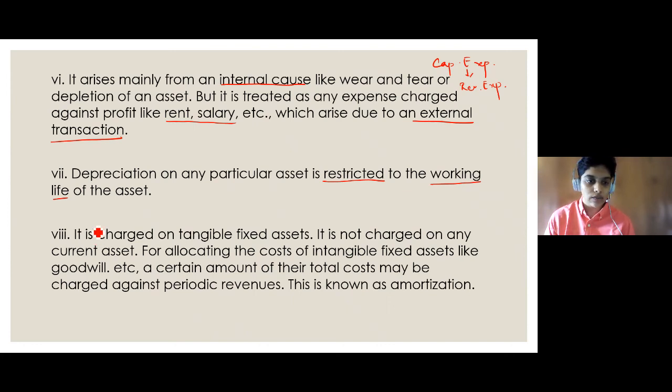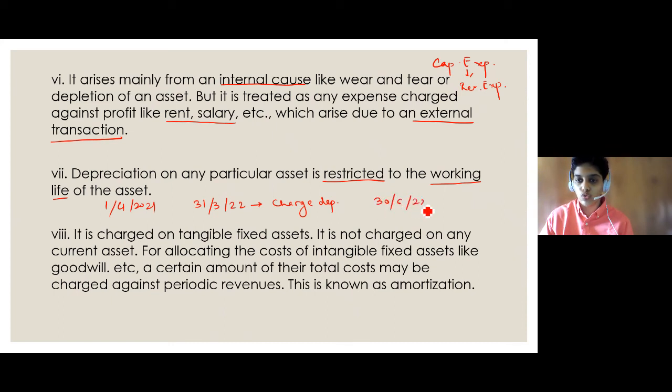So for example, let's say that I bought an asset on 1st April 2021. Now my year end is 31st March. So until 31st March 2022, I had this asset. So in this case, I can charge depreciation on 31st March 22. Now after 3 months, that is on 30th June 22, this asset was sold.